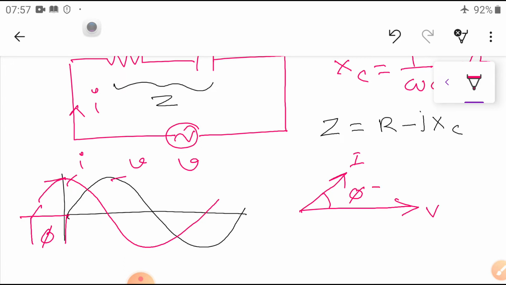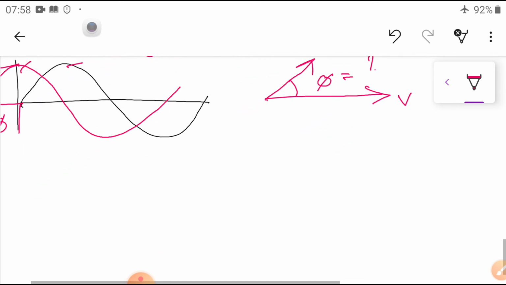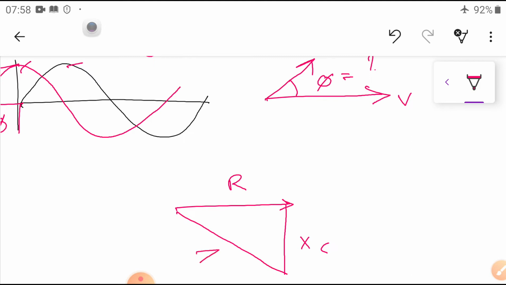What is this phi value? I want to know. So here Z is equal to this value. What is the magnitude of Z? Similarly, we are going to draw the vector diagram. That means this is equal to R and this is equal to XC. Okay, so this is the angle, this is equal to phi.